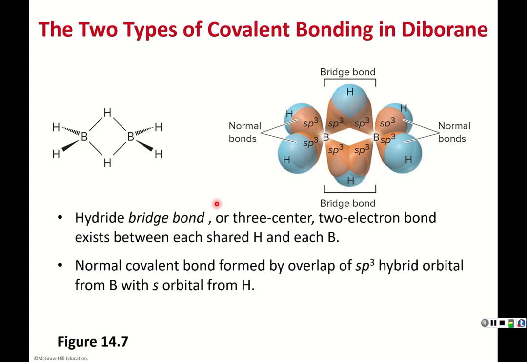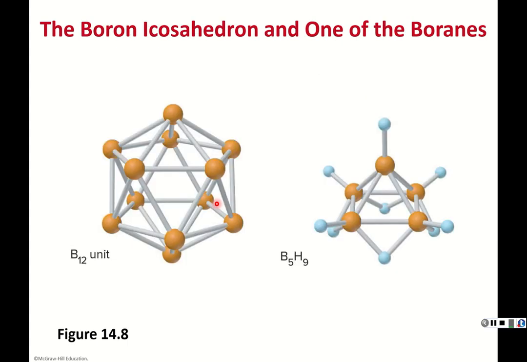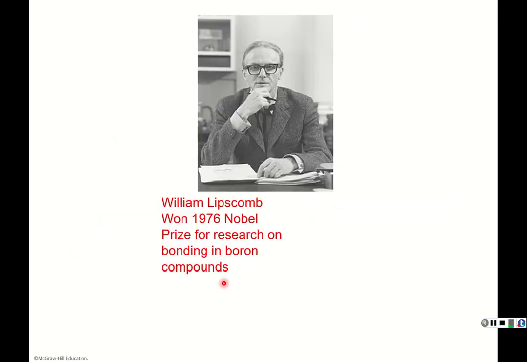Okay, so this is a very interesting and unique type of bonding in boron compounds, also referred to as boranes if it's a boron hydrogen network. So here we have some other more complex boranes. We have B12 and B5H9. So you can see that these multi-center sharing bonds can get very complex.